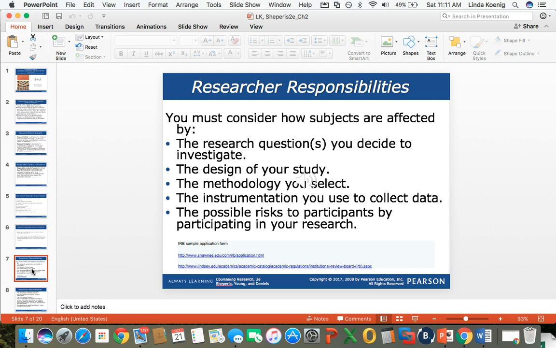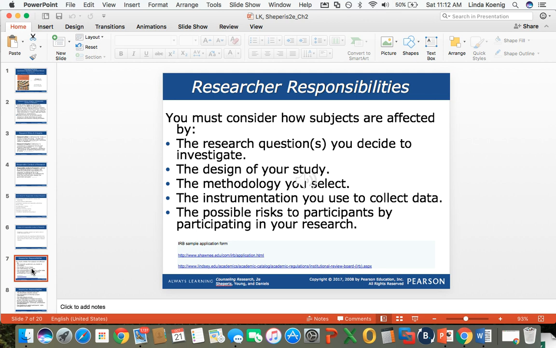Some face-to-face might be better in that particular, asking about that particular research question, because someone is going to be physically present with that research subject, and it is a subject matter that has a potential for really upsetting the subjects that we're asking the questions of.